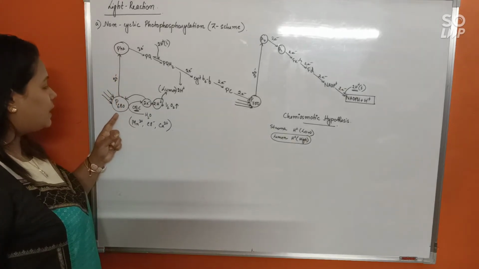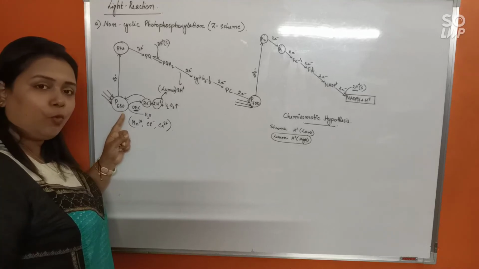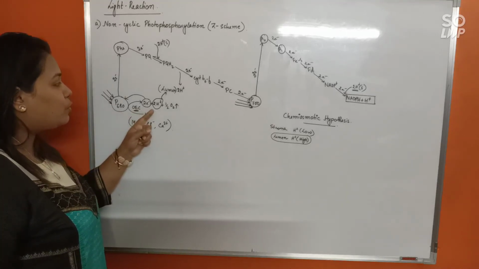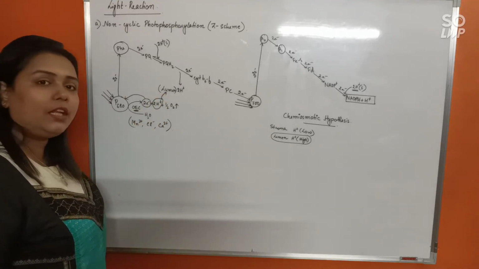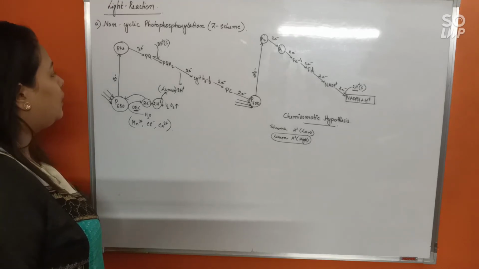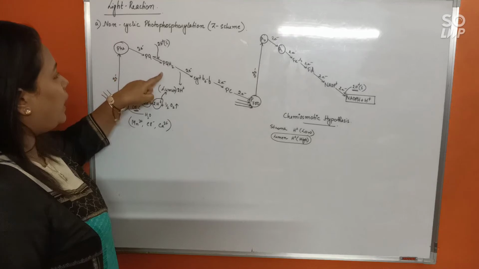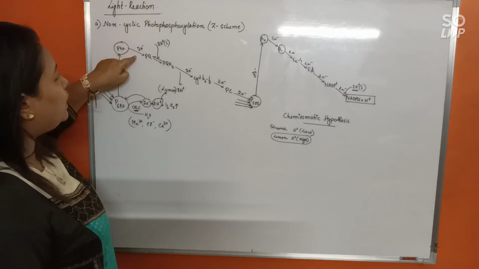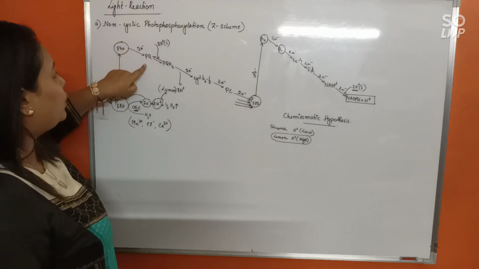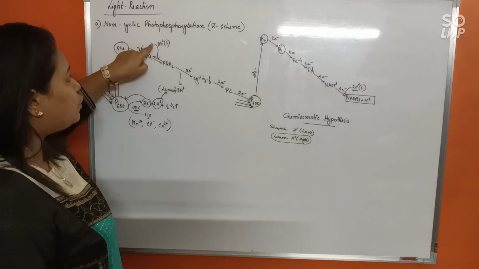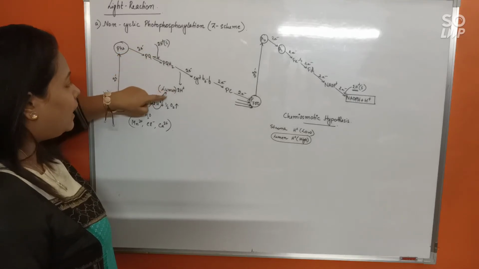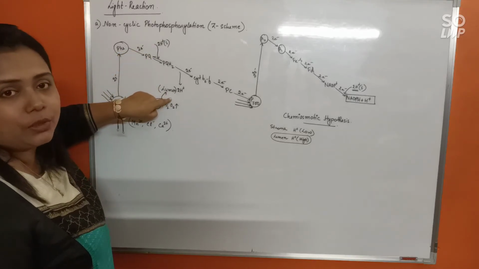One of the steps is this, photolysis of water. Here, 2 protons are directly being accumulated in the lumen, right? Next, second step is this, where as soon as the 2 electrons are passed on to plastoquinone, 2 protons from the stroma are being taken and are transferred to the lumen, right?